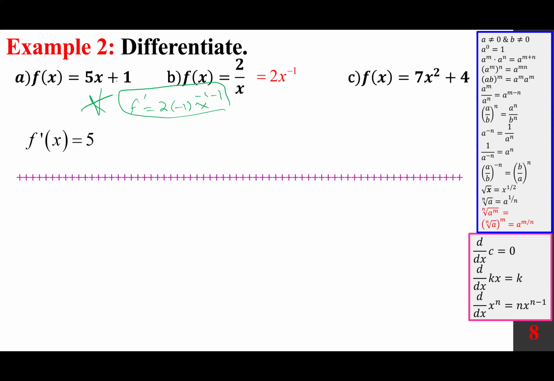So it becomes negative 2. So it becomes negative 2x to the power of negative 2. Algebra, algebra. Take it down, negative 2 over x squared. Everything consists of algebraic steps, with just one exception.